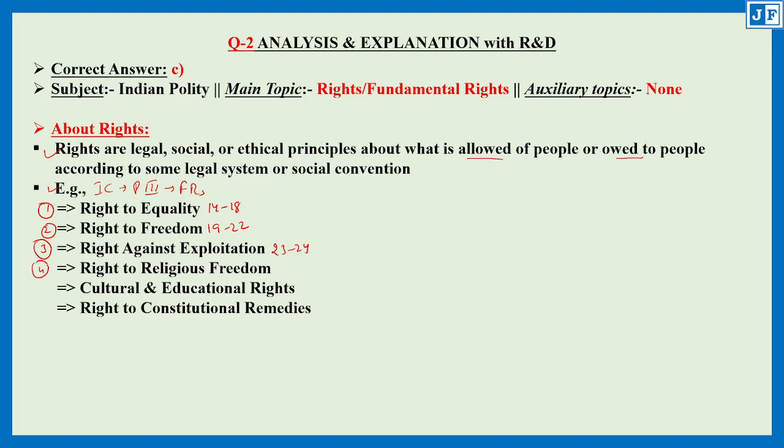After that, we get to see right to religious freedom from article number 25 to 28. In addition to this, we also get to read cultural and educational rights in article number 29 and 30. Further, right to constitutional remedies under article 32.